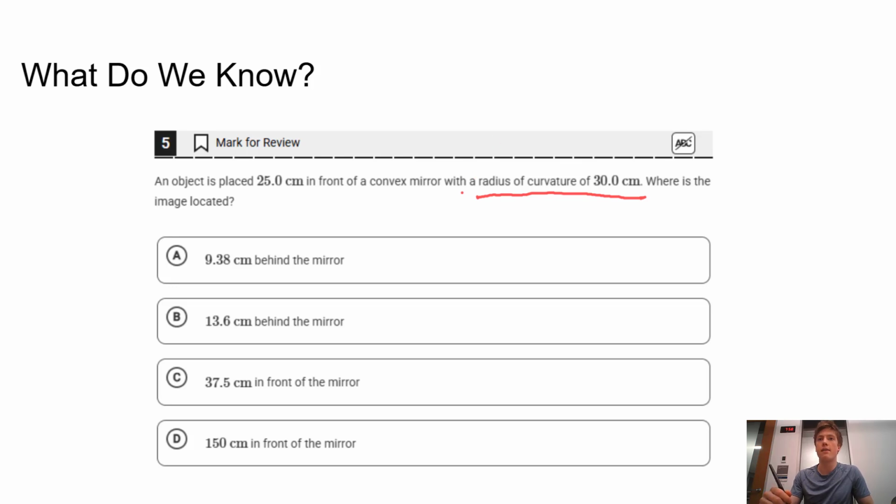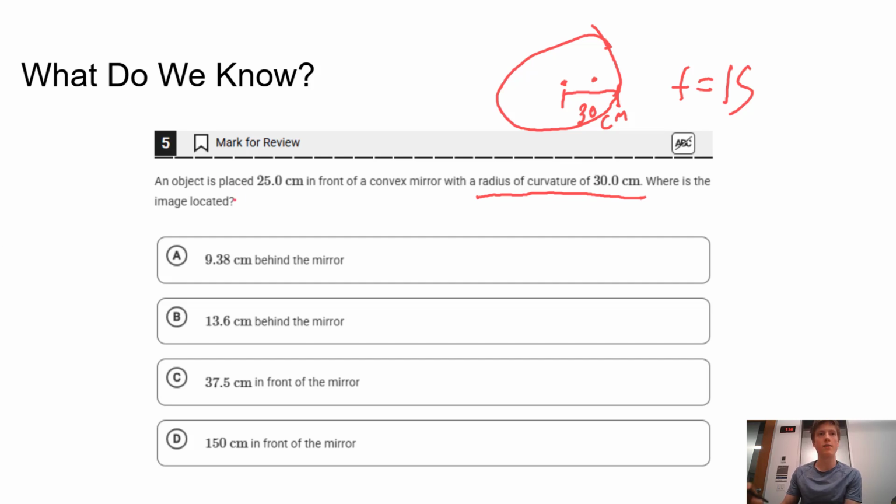We can automatically say that the focus is going to be 15 centimeters.